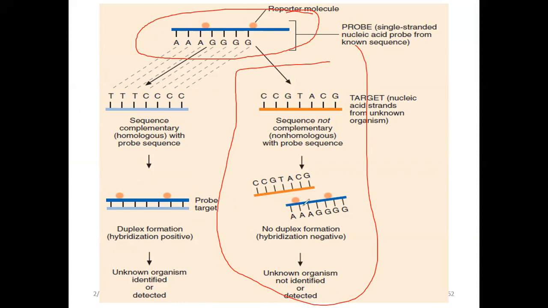So, what will happen? Dahil hindi sila complementary or they are non-homologous, okay? Your target and your probe will not form your duplex. So, there is no duplex formation. Pag nag-wash ka ngayon, guys, matatanggal yung probe mo kasi hindi siya nakafix doon sa sequence or nucleic acid na nandoon sa iyong tissue or cell.